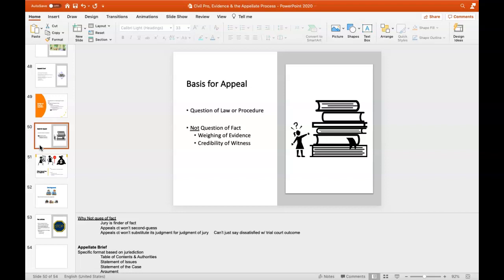The appeals court will not second guess the jury. Again, the jury, they are the finders of fact, nor will the appeals court substitute its judgment for the judgment of the jury. The appeals court cannot just say that they are dissatisfied with the trial outcome.